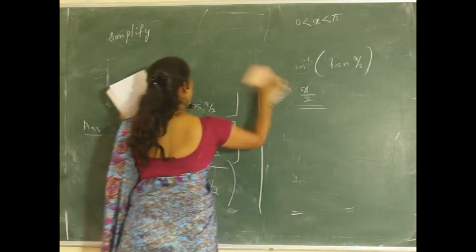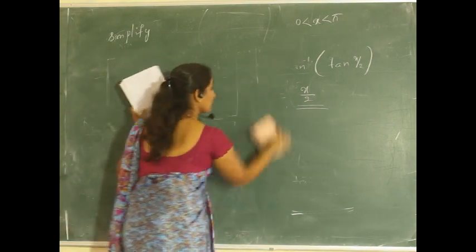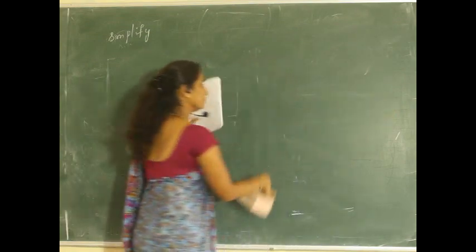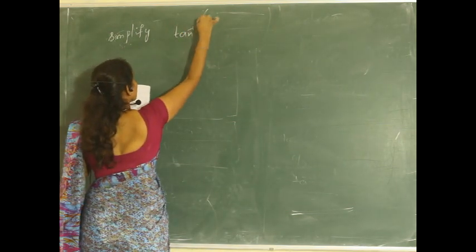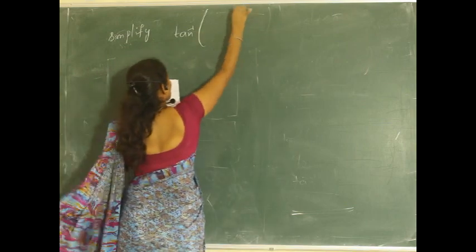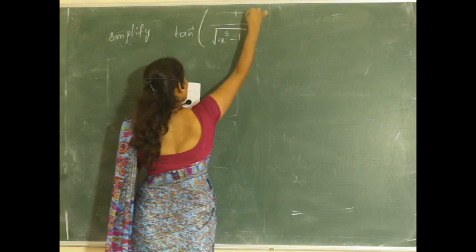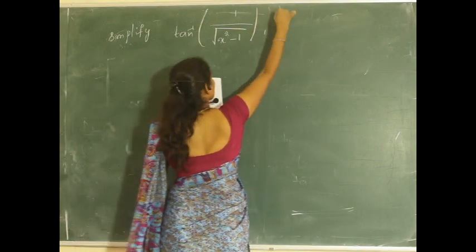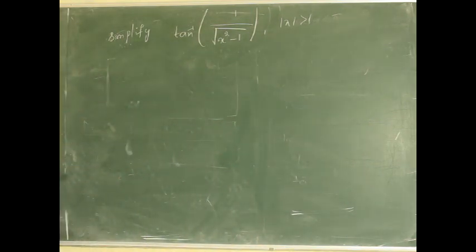The next problem will be: simplify tan inverse of 1 by root of x square minus 1.